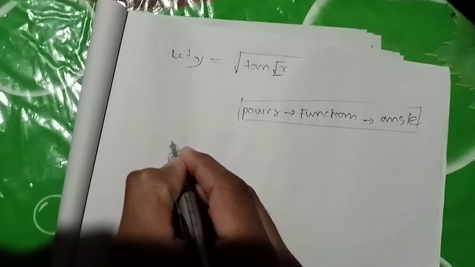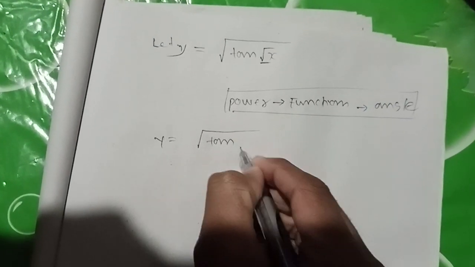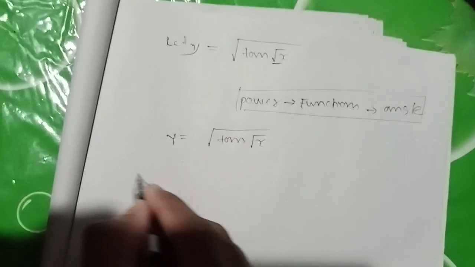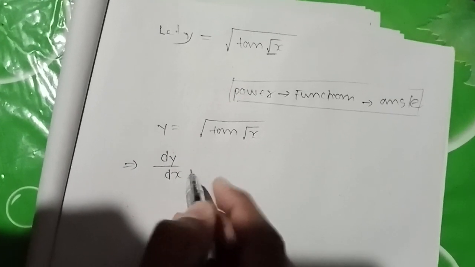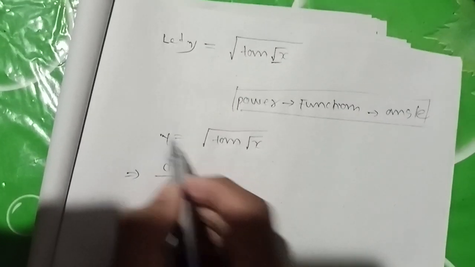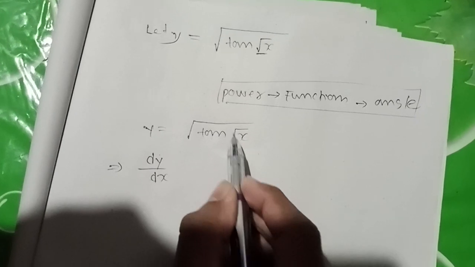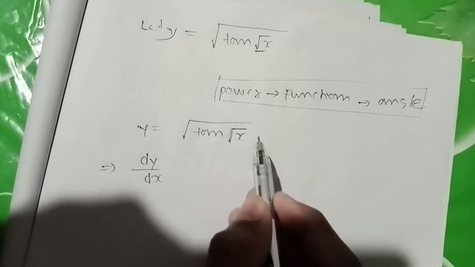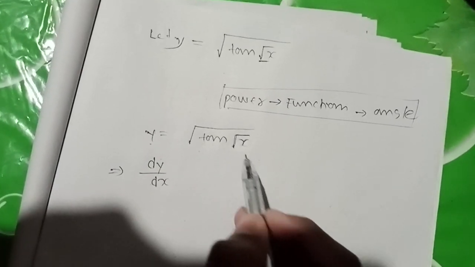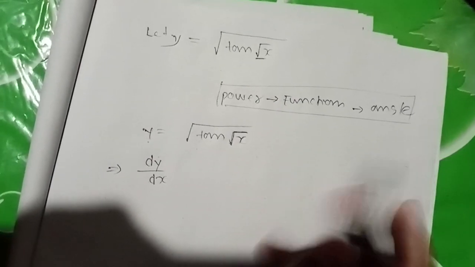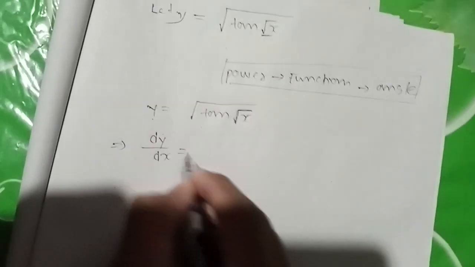So y is equal to under root over tan x. The derivative of y, dy by dx. Derivative of y means the derivative of under root over tan of what? Root over x. y and under root over tan under root over x are similar.